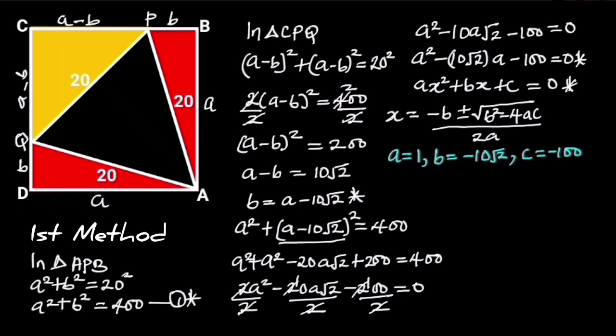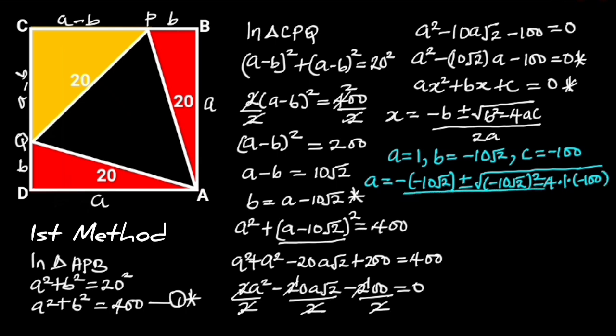If we plug in these values in the formula above, we will have A is equal to minus minus 10 root 2 plus or minus the square root of (minus 10 root 2) squared minus 4 times 1 times minus 100, all over 2 times 1.